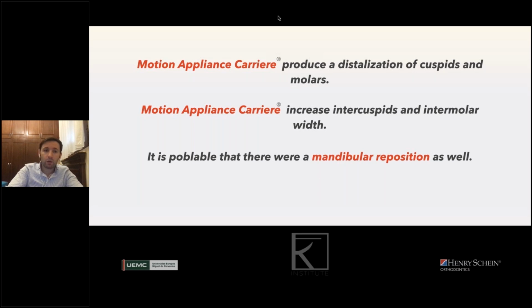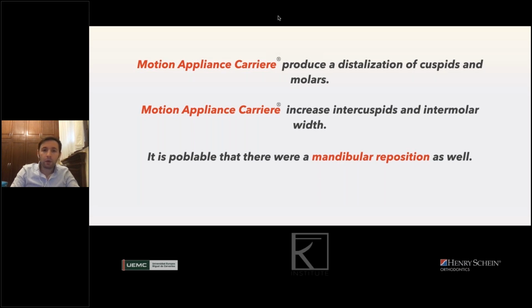Second, the Carrier Motion appliance increases intercuspid and intermolar width. Why? Because when we make a distalization, we have more transversal dimension between canines and between upper molars. And it's probable that there was also mandibular reposition.